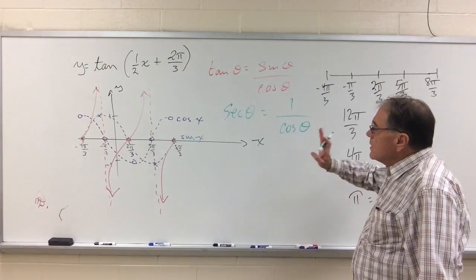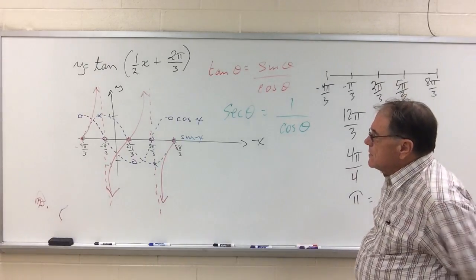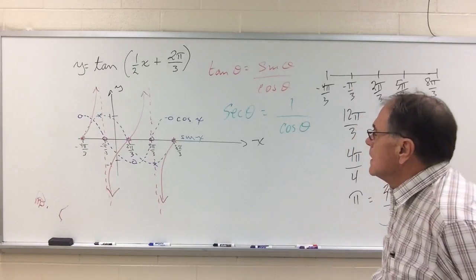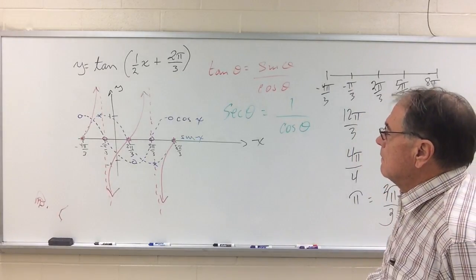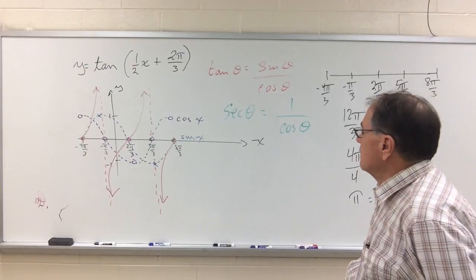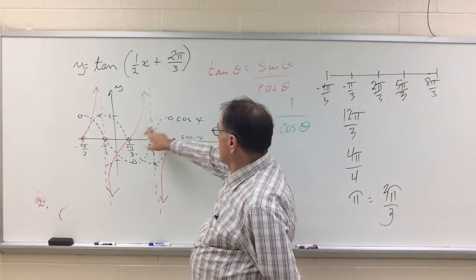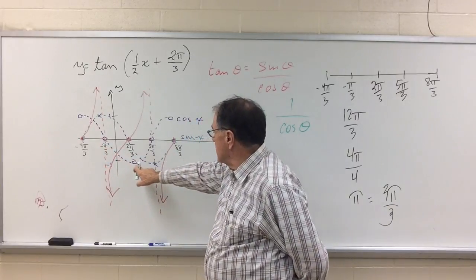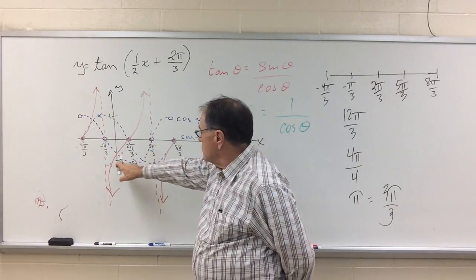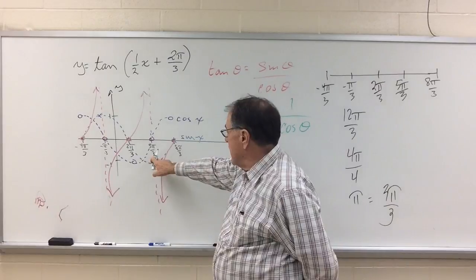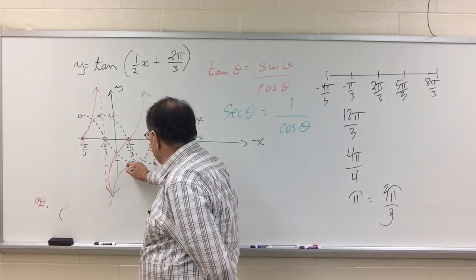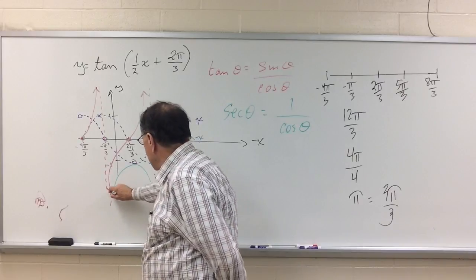So when the cosine is 0, the secant will be undefined. Now here the cosine is 0, the secant is undefined. Notice cosine is negative, and so from negative pi thirds to 5 pi thirds, the secant is negative, and so this function sits here like so.